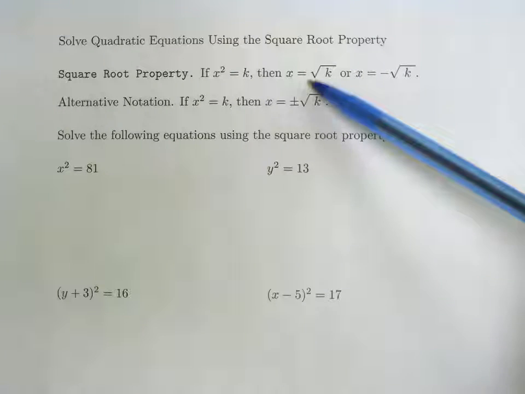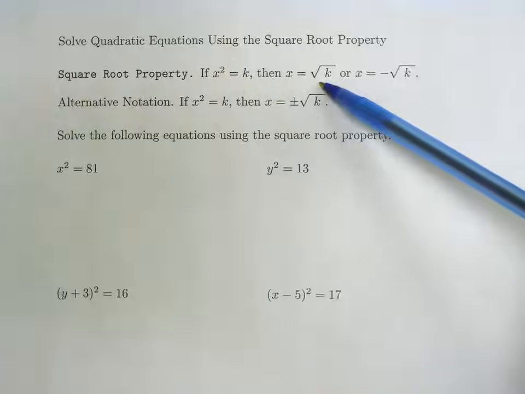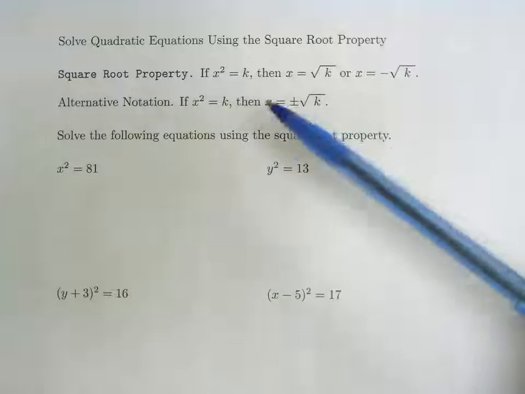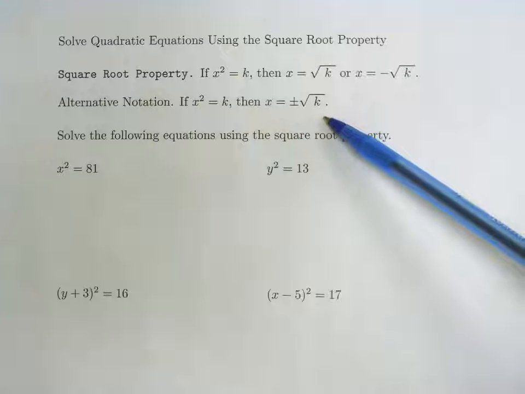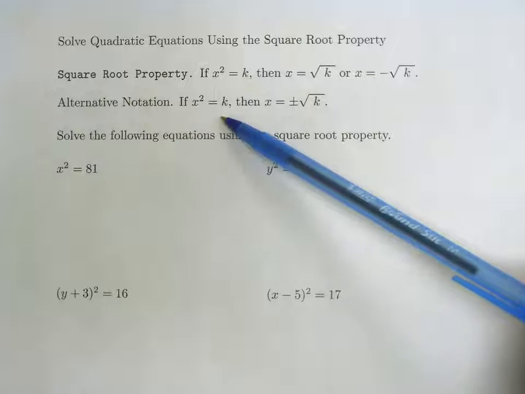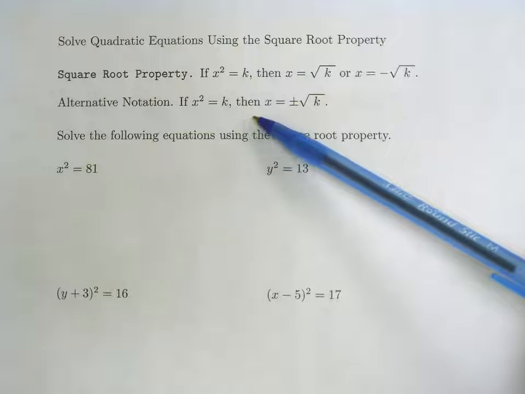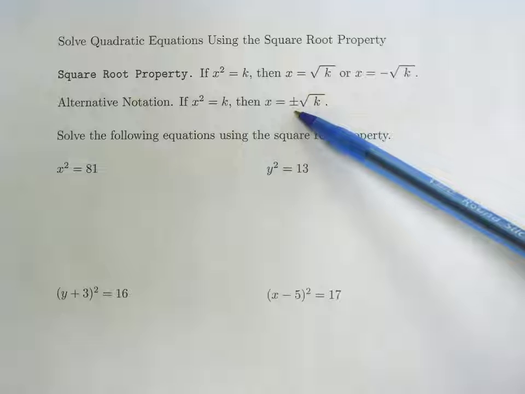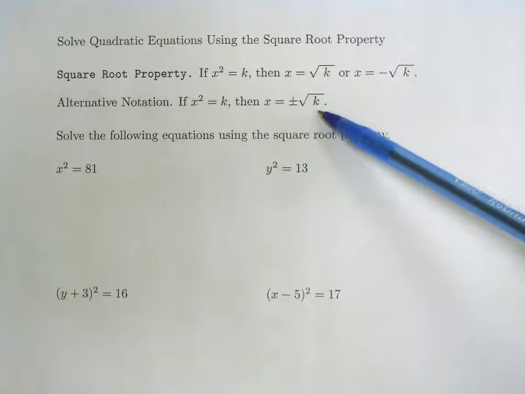It's okay if you list the solutions separately, positive square root of k and negative square root of k, but you can also list them all at once. If x squared equals k, then the solutions are x equals positive and negative square root of k.